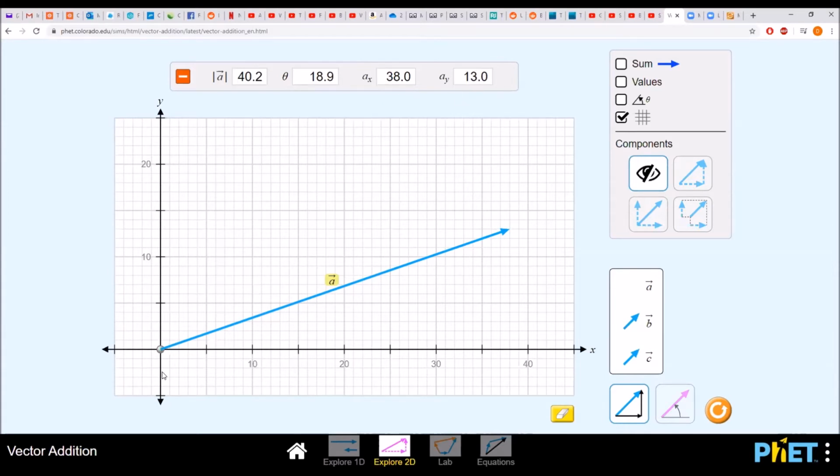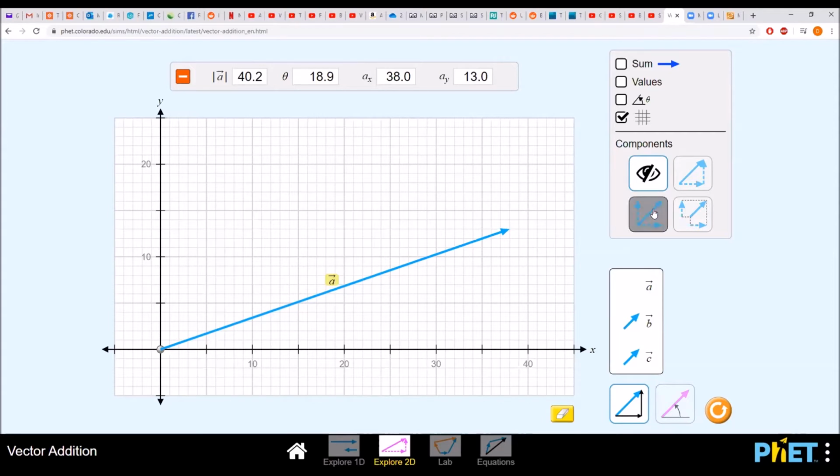Let's see where that matches up here. It goes from 0 all the way up here, but the x amount is 38 right there. And then the y amount, you look all the way over here, is 13. You see it goes to 38 and 13. That would be the coordinates of the end of it.